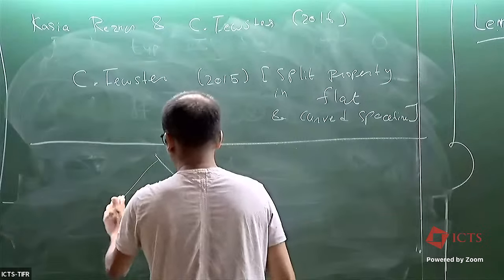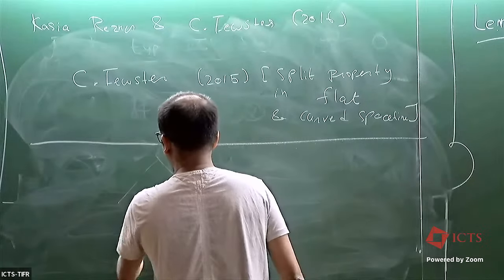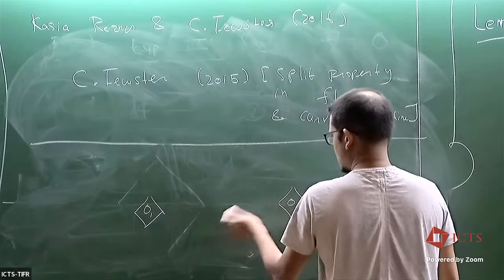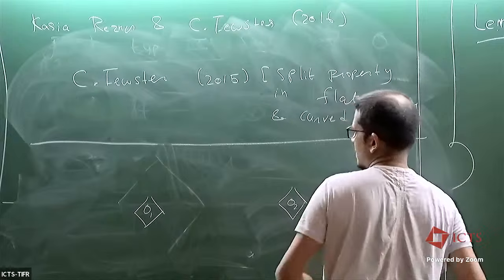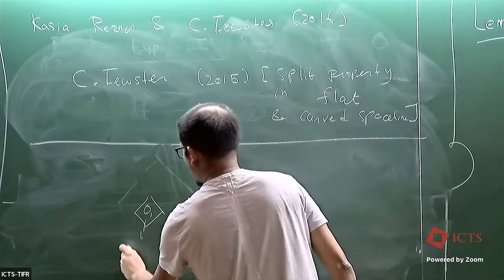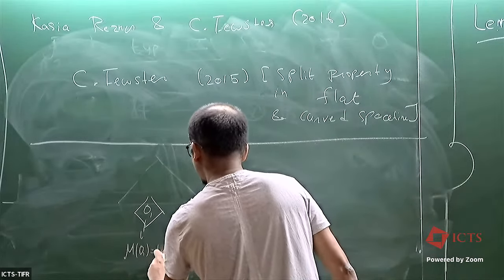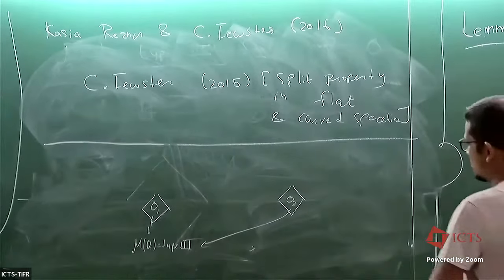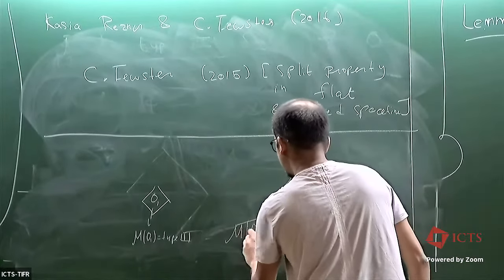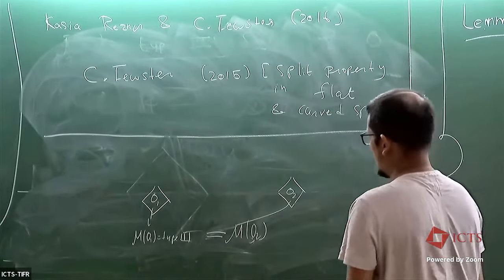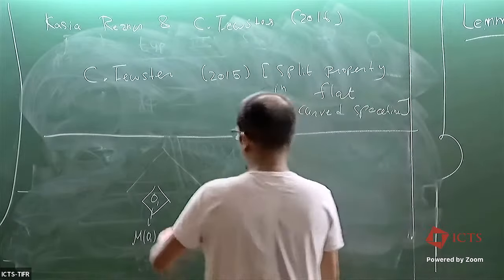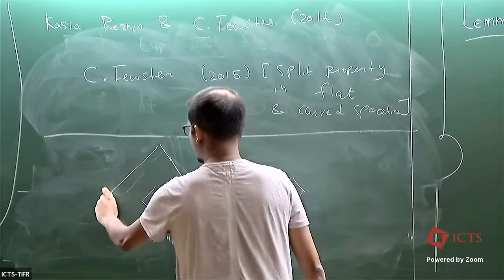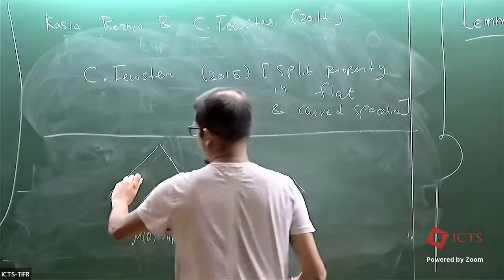Let's suppose this is my O1 and this is my O2, and these are both type 3, so M(O1) is type 3, and of course M(O2) is also type 3. But we can do the following. We can consider sandwiching O1 inside a slightly larger region. Again, a causally convex open set, so let's call it O1 tilde.